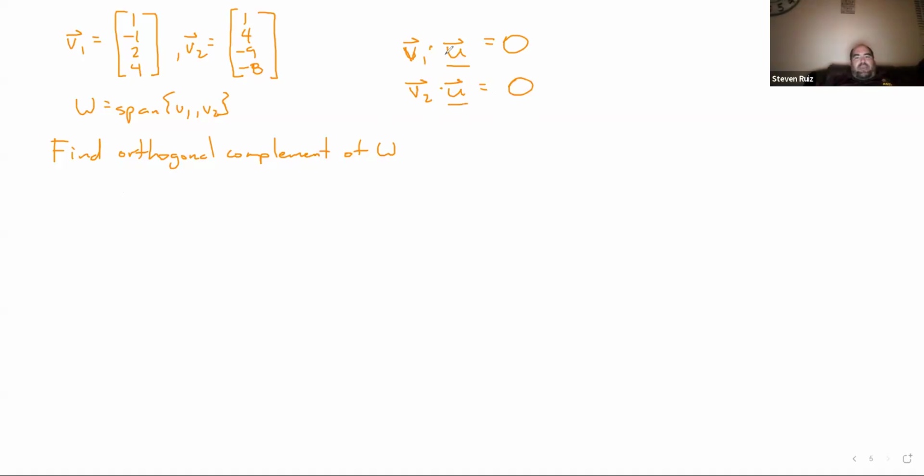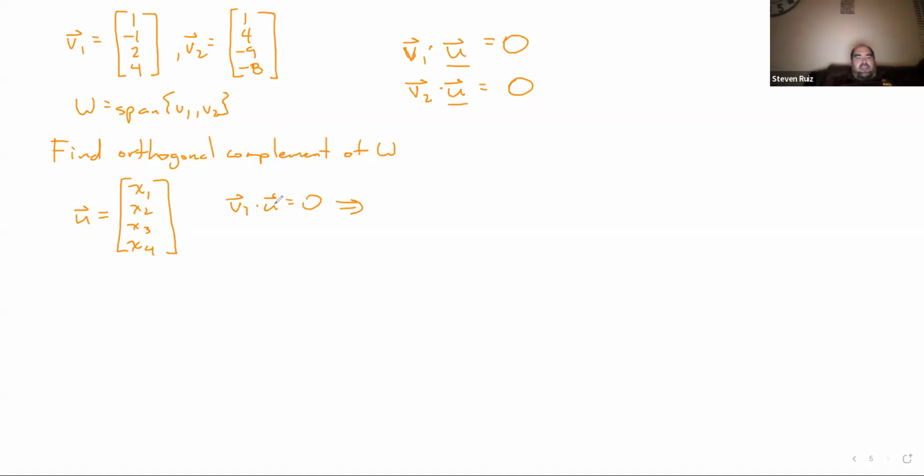So knowing that that's the thing I'm trying to make, let's talk about this. What does it mean to dot V1 with U? I have no idea what U is, so let's just say U is equal to (X1, X2, X3, X4). And I know that when I dot V1 with U, I get 0.